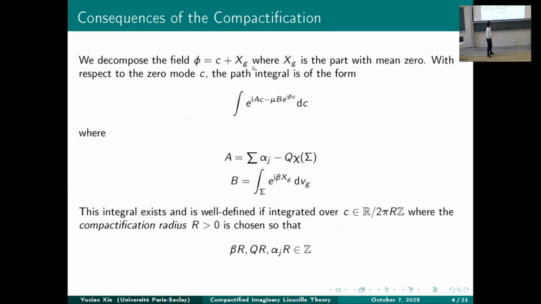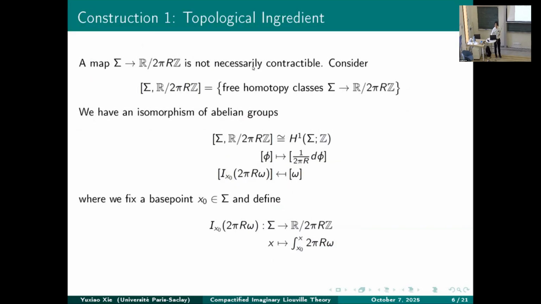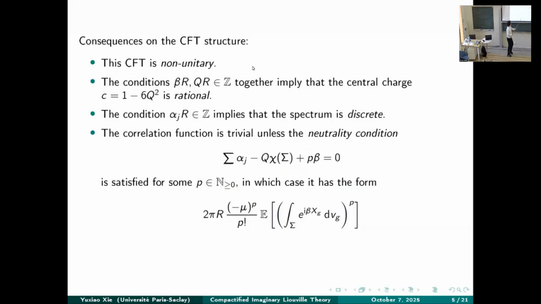So if you Taylor expand this part and collect the terms, you find that your integral has a very simple expression in terms of the b before. You only pick up one coefficient here, and we will see later that this... Since you have a probabilistic construction for this integral, it's going to be an expectation, which is just an integral over the corresponding infinite dimensional space. Okay, so that's a very brief introduction to what compactified imaginary Liouville theory is.